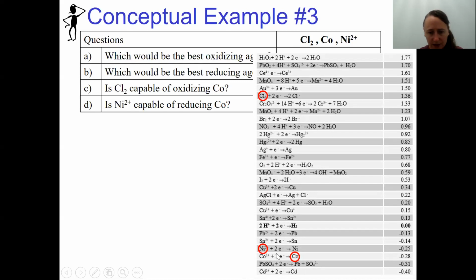And of these other two things, cobalt does not like to get reduced, and nickel's lower than the chlorine. So the top left corner, or something above and to the left, is the best at getting reduced. So the best oxidizing agent is going to be the chlorine.